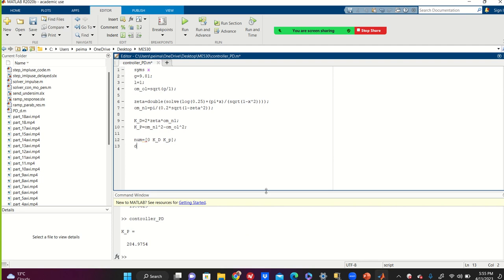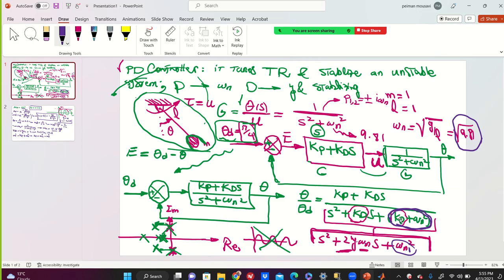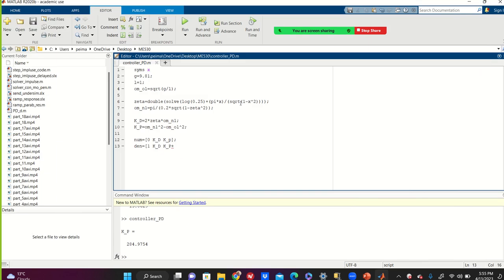Your den is 1, Kd, and Kp plus omega n squared, the old omega n squared. Here we go.